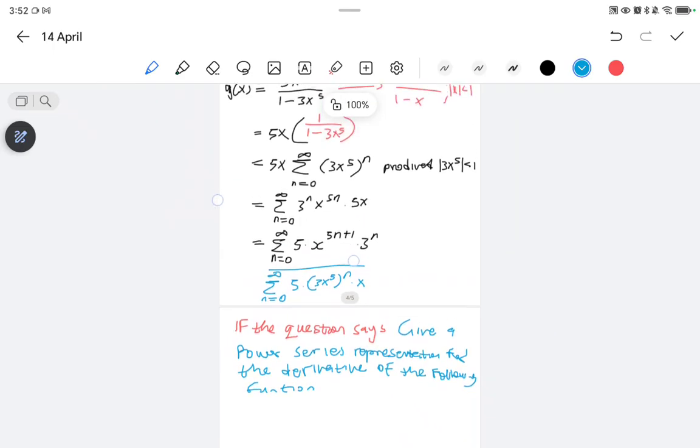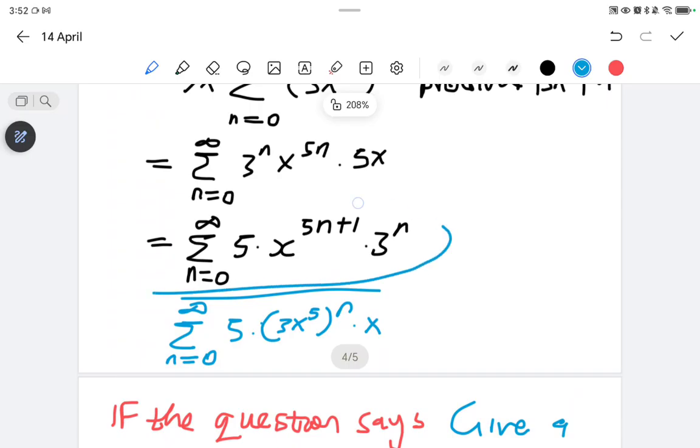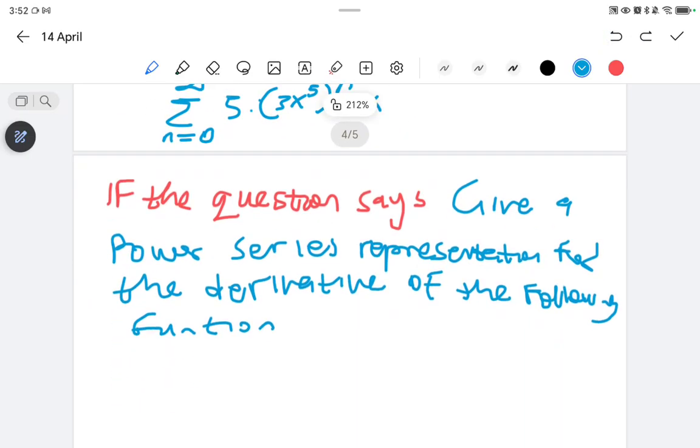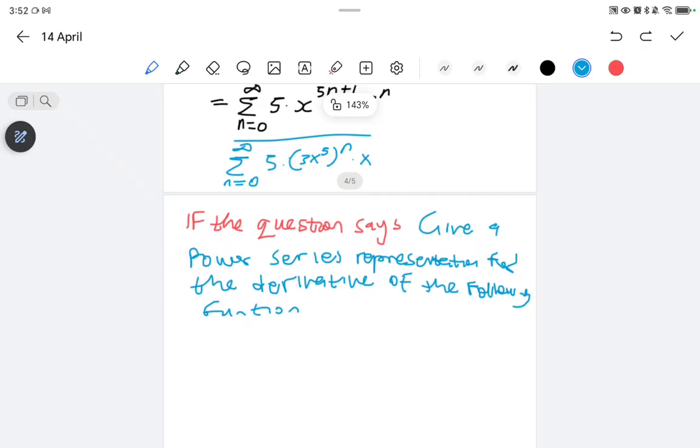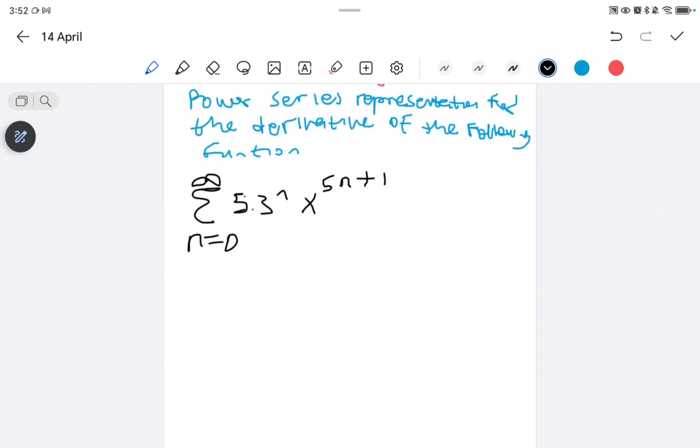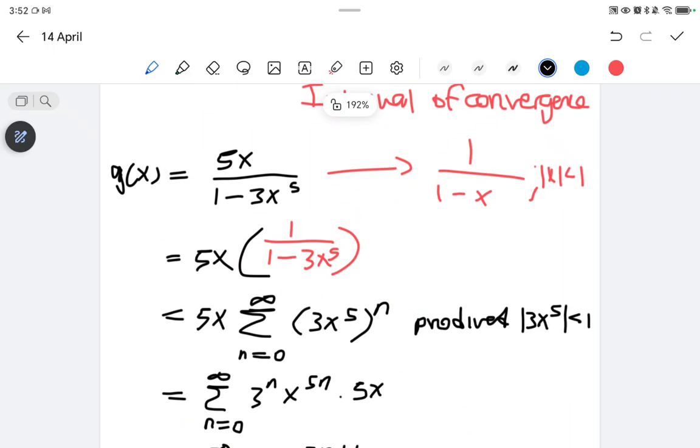It means that after finding this summation, after finding that summation, you should come and say g prime x is equal to, because we want to find the representation of the derivative of this function, and the derivative of this function we know will be something else, right?